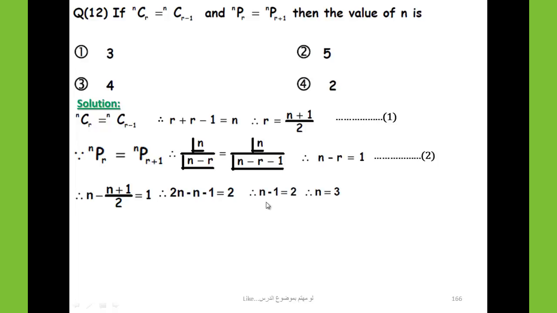So n minus 1 equals 2 and n equals 3, as 2n minus n equals n minus 1 equals 2. So n equals 2 plus 1 equals 3.